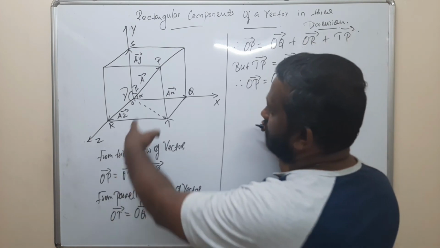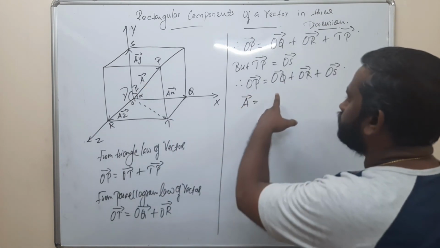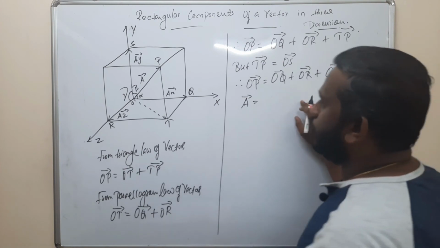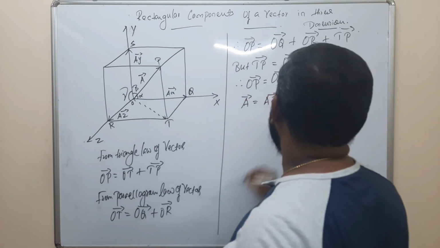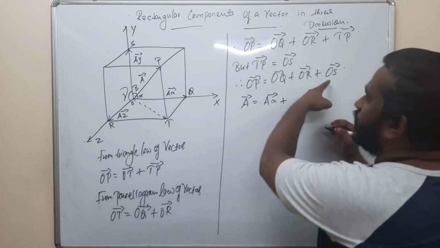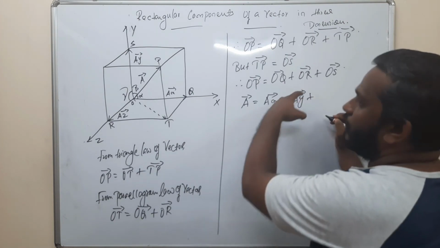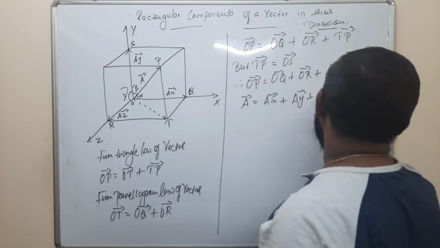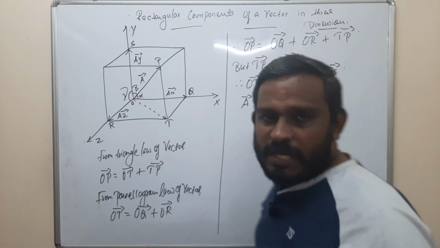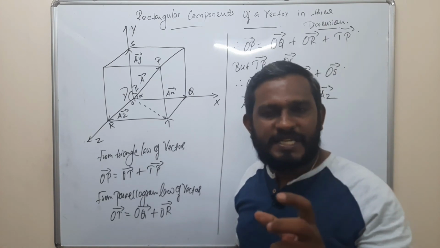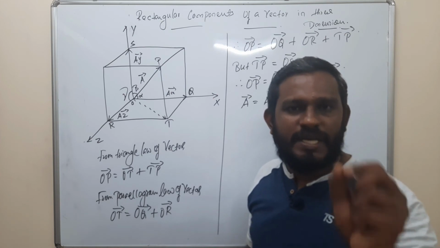What is OP vector? That is our A vector. A vector is equal to, what is OQ? That is AX vector, the X component, plus what is OS? That is the Y component, AY vector, plus what is OR? That is the Z component, AZ vector. Suppose i cap, j cap and k cap are the unit vectors along the x, y and z axis.